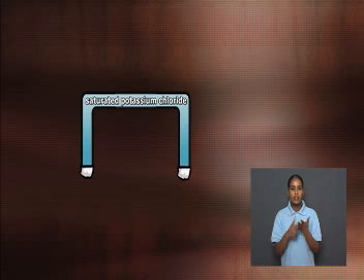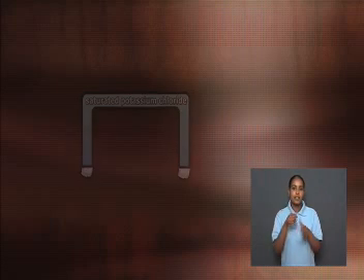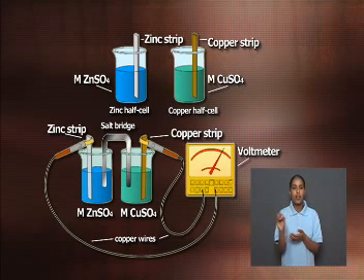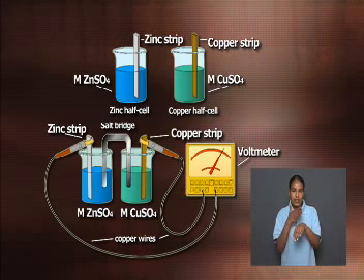It is important to make sure that no air bubbles are trapped in the tube. This device is a salt bridge. We then clean the strip of zinc and the strip of copper with the sandpaper. These will be used as electrodes.